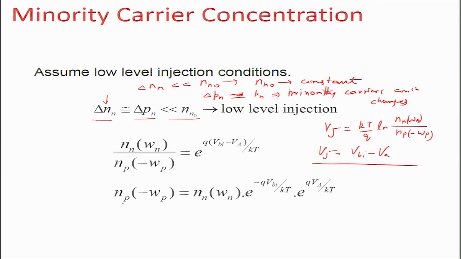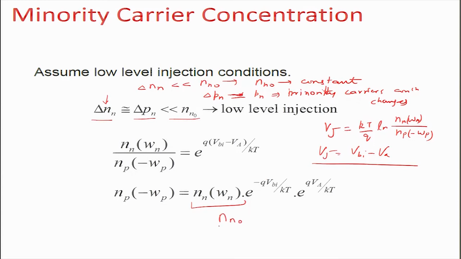So now using this equation, if I flip it over, I can get Np(-Wp) is equal to Nn(Wn) multiplied by exponential of minus qVbi divided by kT into exponential of qVa divided by kT. What is Nn(Wn)?